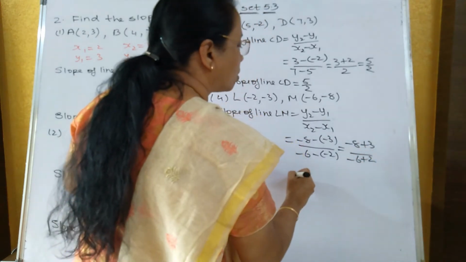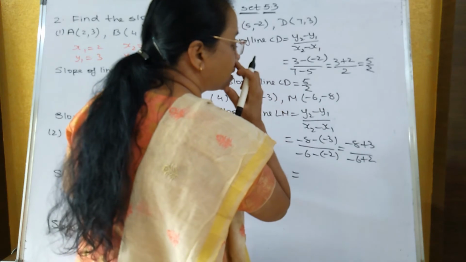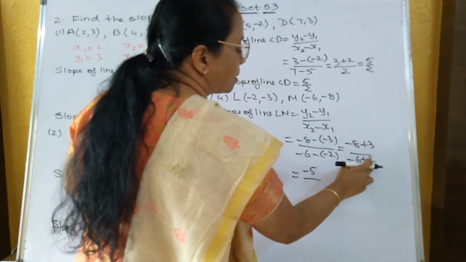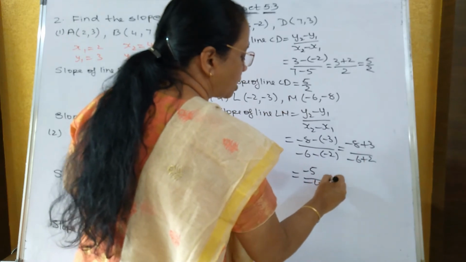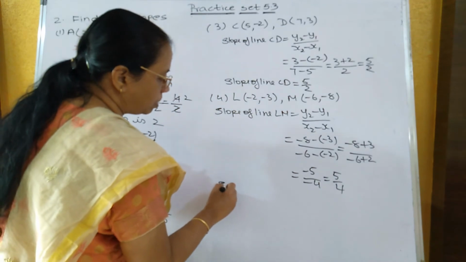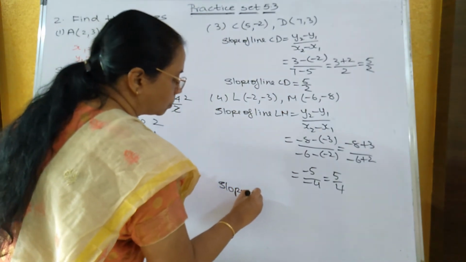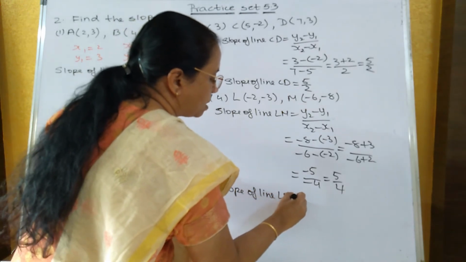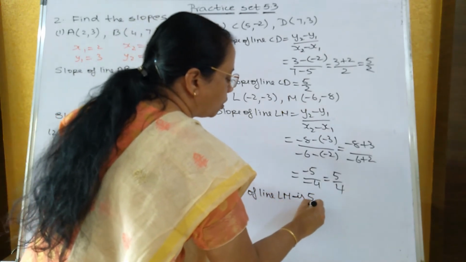Minus 8 plus 3 is minus 5, and minus 6 plus 2 is minus 4. So that's equal to 5 upon 4. So slope of line LM is 5 upon 4.